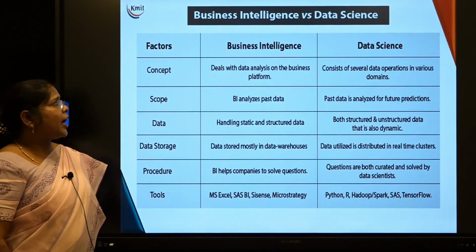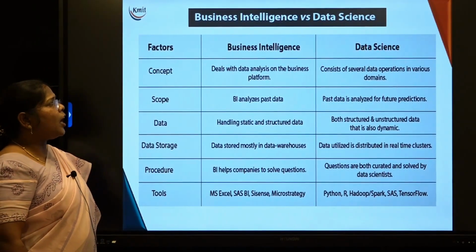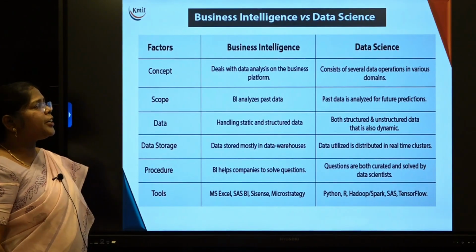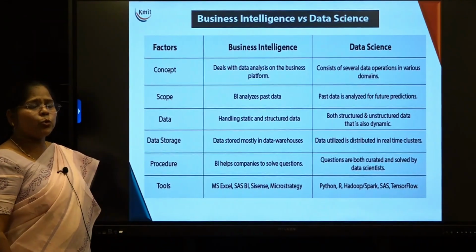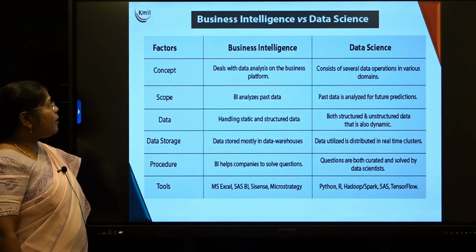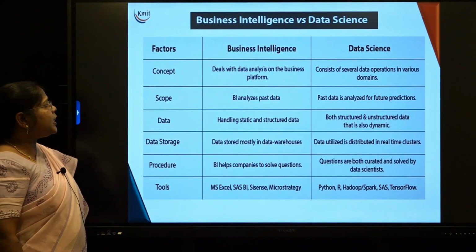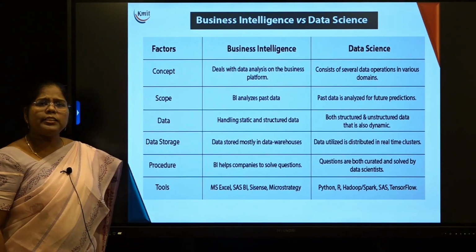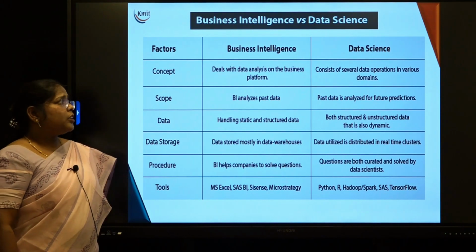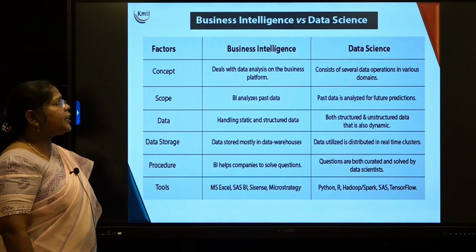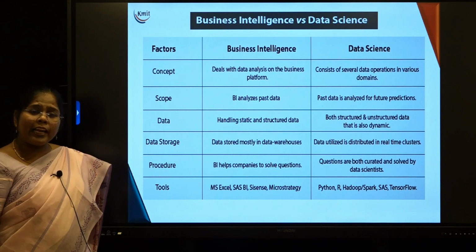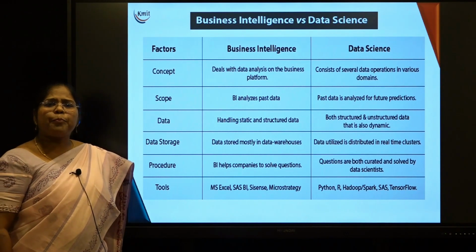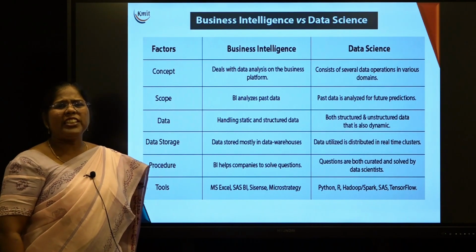Coming to data science, the concept consists of several data operations in various domains. The scope of business intelligence is to analyze the past data. The scope of data science is to analyze the past data and predict new occurrences of the data.